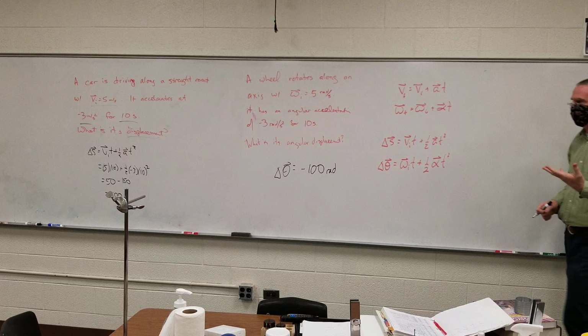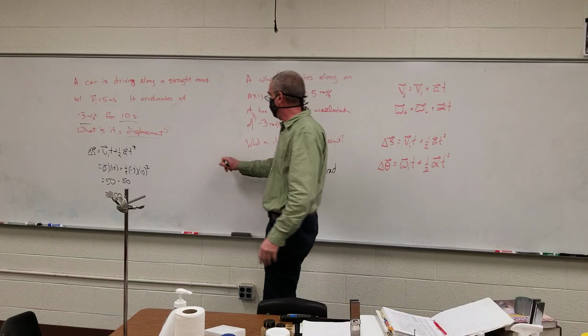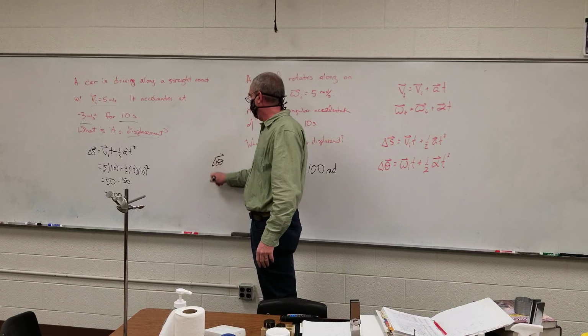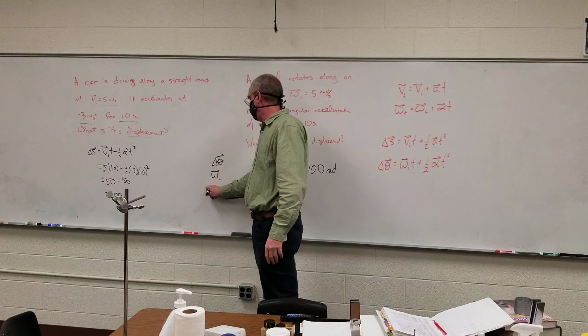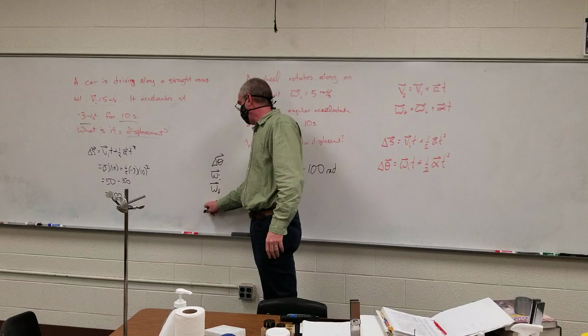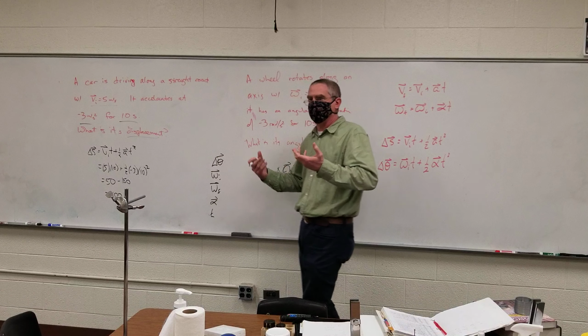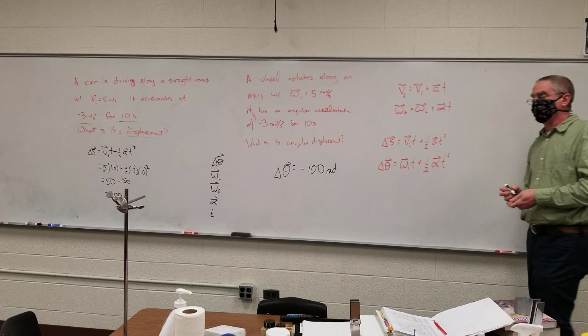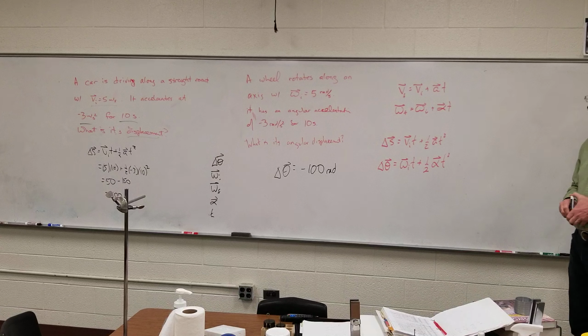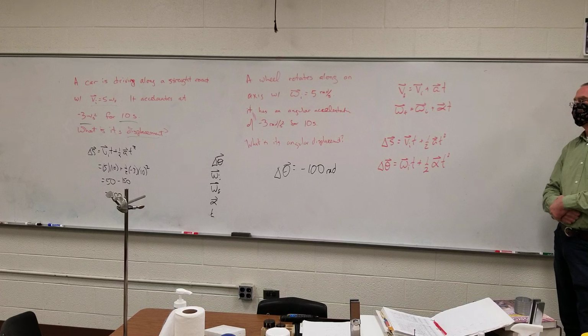You have the basic five things. You have angular displacement, initial angular velocity, final angular velocity, angular acceleration, and time. And then you pick out the angular cake formula, or the A-cake formula.